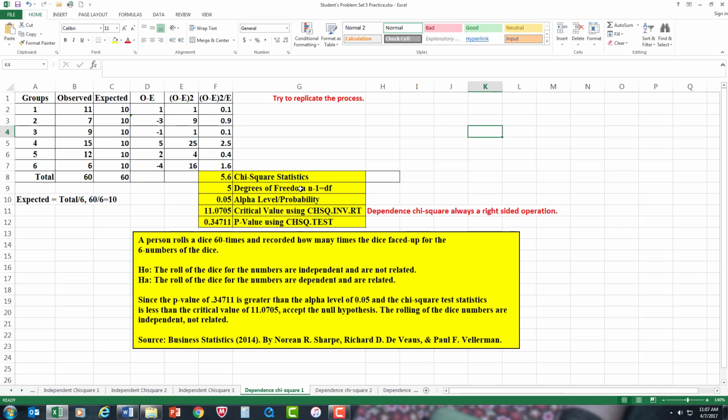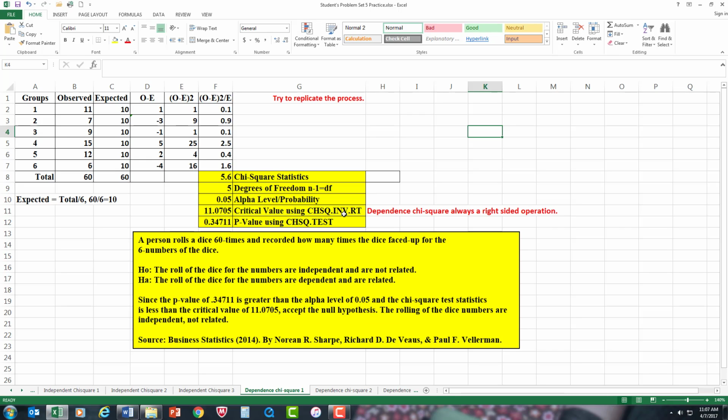Okay, so once you got that part done, you now want to set up your column table for your results or what you're looking for. So again, you want to have your chi-square statistic. You want to figure out the degree of freedom, and we have 6 groups. 6 minus 1 equals the degree of freedom, which is 5. You should already establish your alpha level or your probability level, and in this case, again, we're working with 0.05, which is standard.